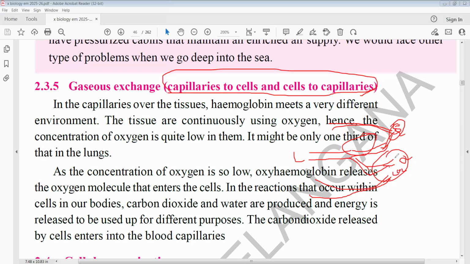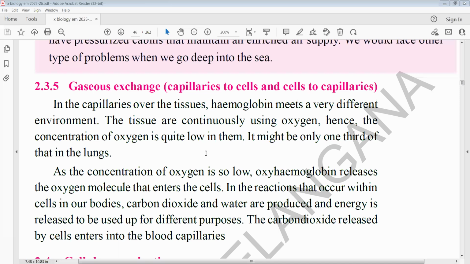In this way, capillaries to cells, oxygen; cells to capillaries, carbon dioxide. This gas exchange takes place at the cellular level, hence it is called cellular respiration.